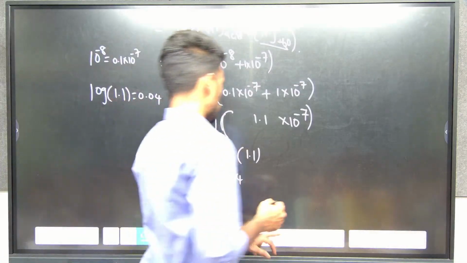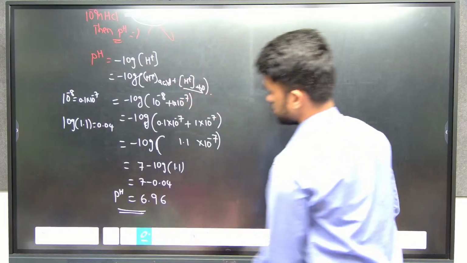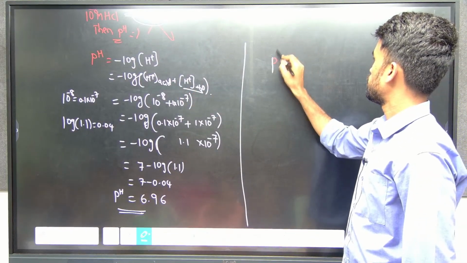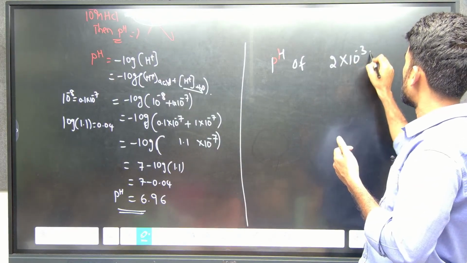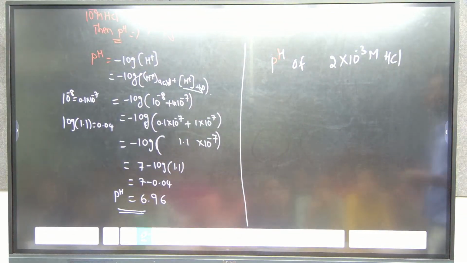Okay. Next, I will give you another formula, see. pH of 2 into 10 power minus 3 molar HCl. They will ask you like this.